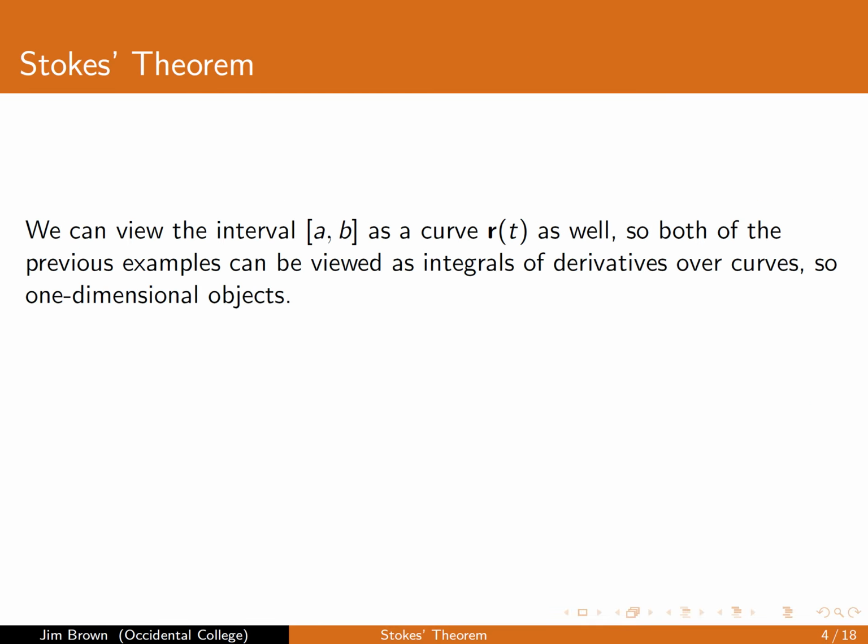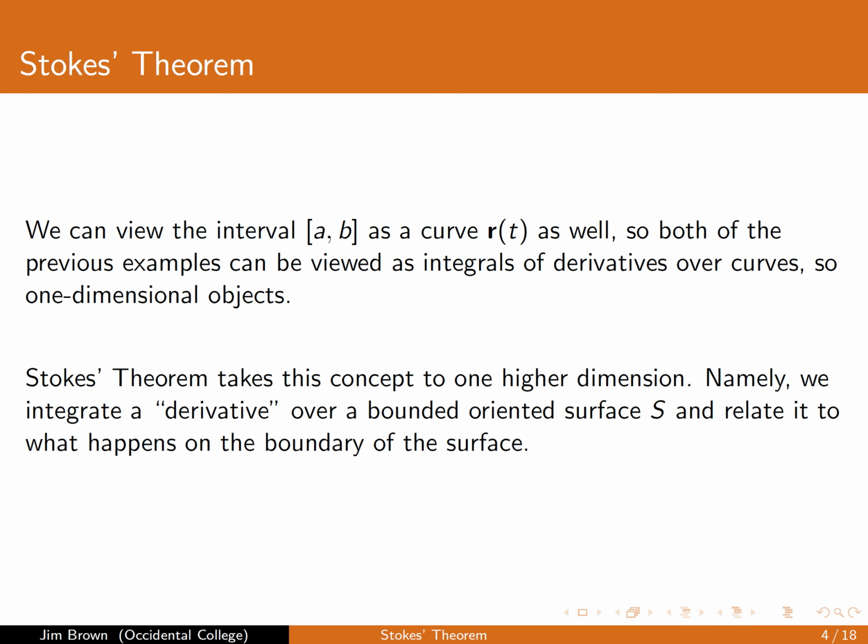So now we can also view this interval a to b as a curve r of t. And so both of the previous examples are basically saying the same thing, that if we integrate a derivative over a curve, all that matters are the two endpoints of the curve. So we're integrating derivatives over one-dimensional objects, curves. So all Stokes' theorem is, is we take this concept to one higher dimension.